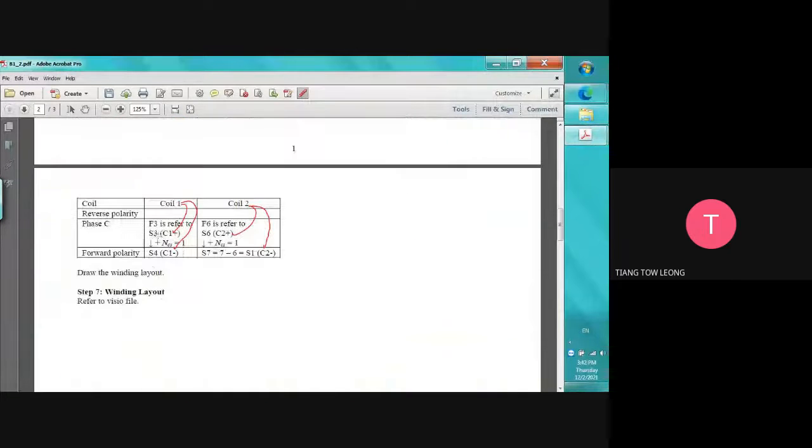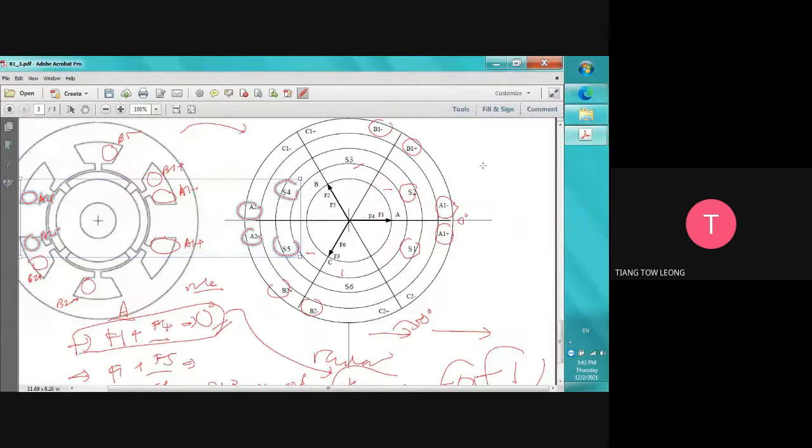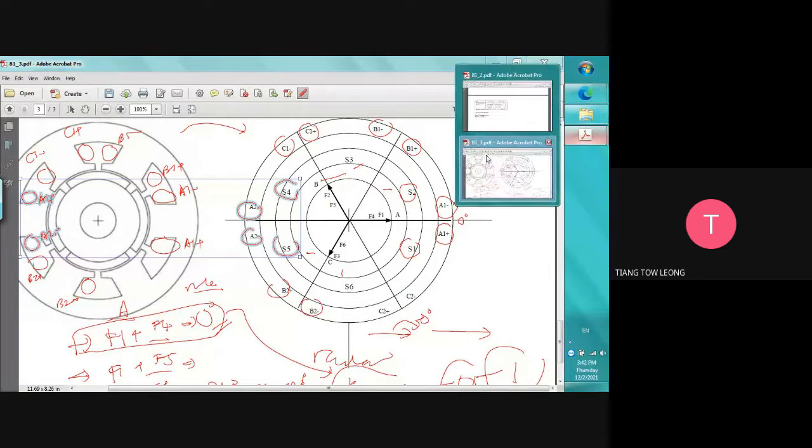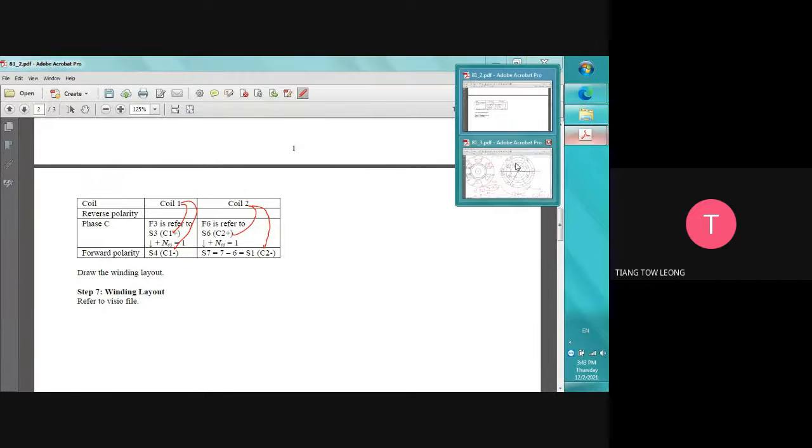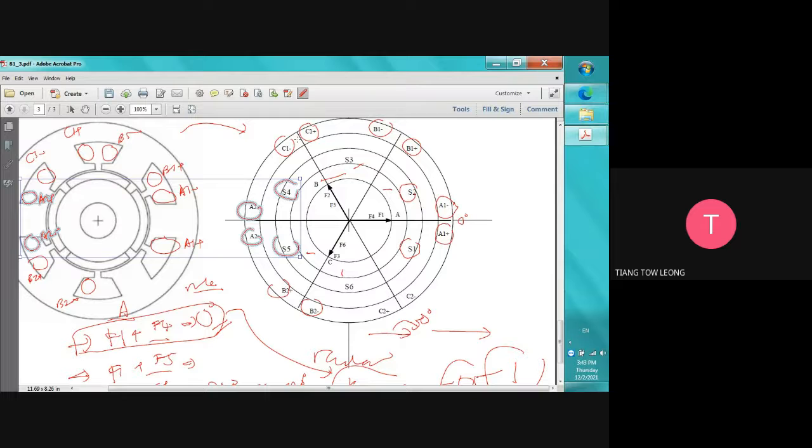Next, 3 to 4, C1 plus, C1 minus. And then finally 6 to 1, C2 plus, C2 minus.